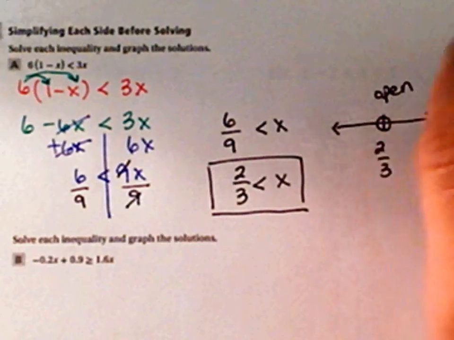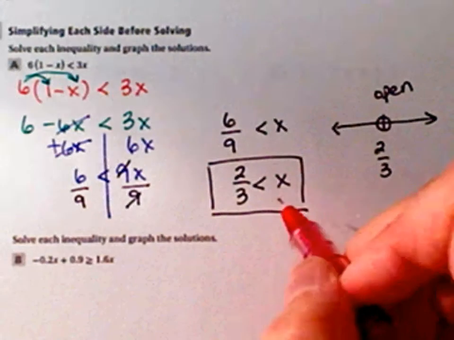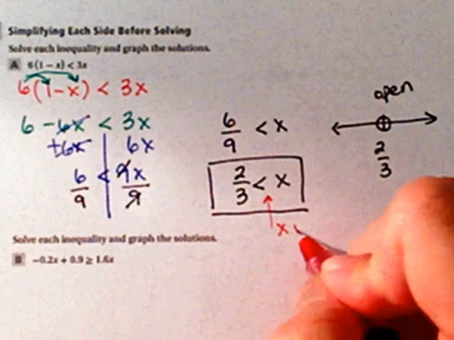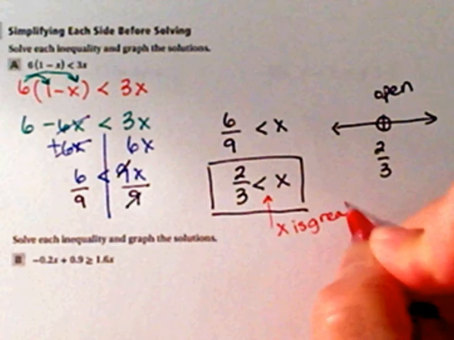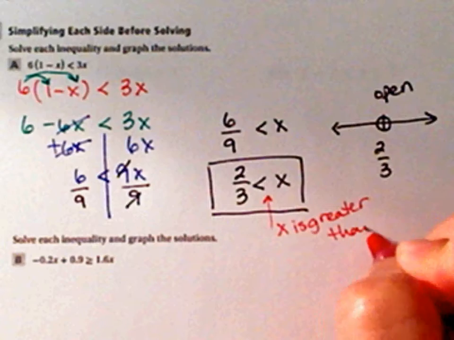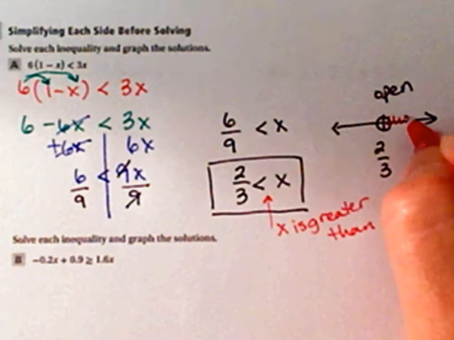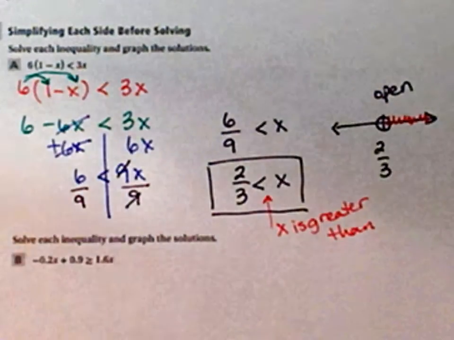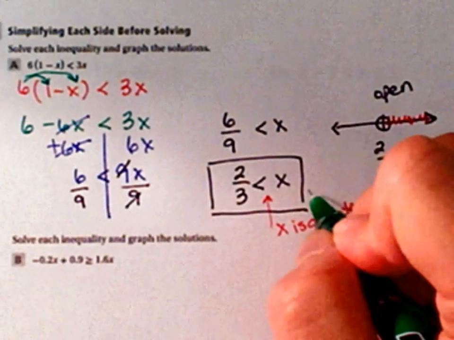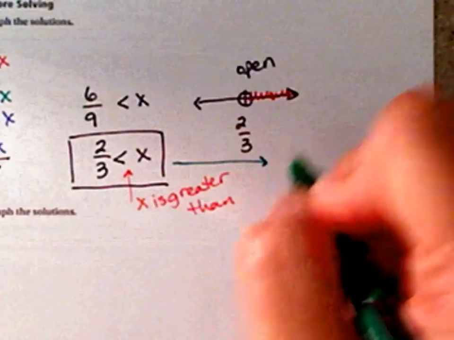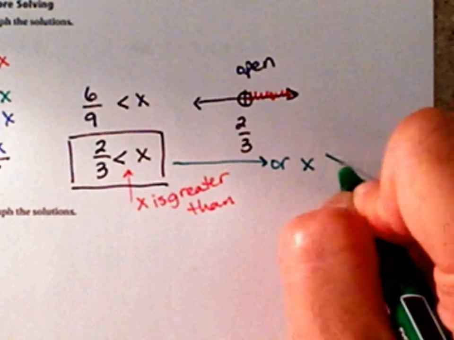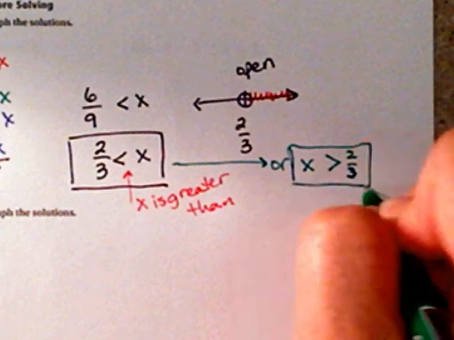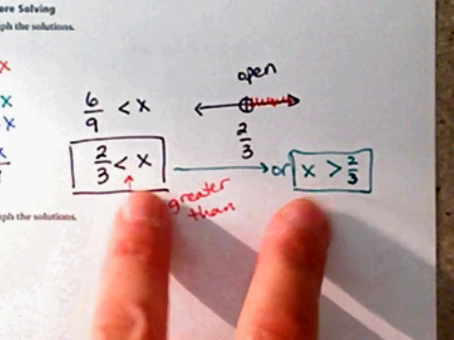Let's read. x is greater than 2/3. Which way is greater? To your right. Another way you could write this is x is greater than 2/3. Same thing. These two are the same thing.